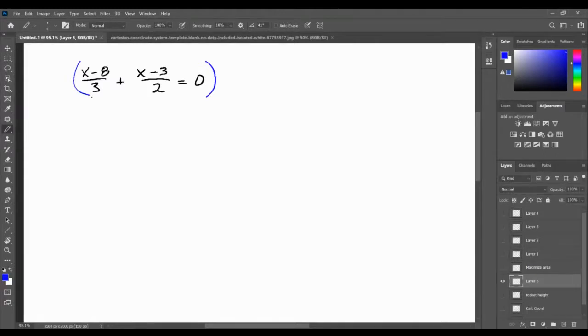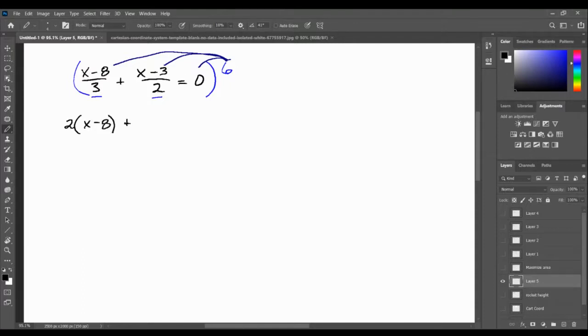I see a denominator of 3 and one of 2. I know that both of those numbers will go into a whole host of numbers, but 6 is the smallest one I can think of. So now, if I distribute that 6 through, I can simplify this a bit. So 6 divided by 3 is 2, so I end up with 2 times the numerator.